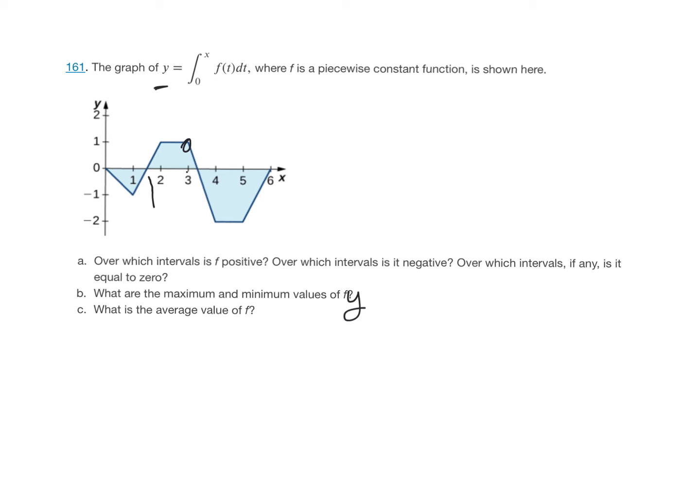We also have to test the critical values, when the derivative was not defined or when it was equal to 0. So fortunately, this function, this f function, is defined every place. Now, the derivative of it isn't defined every place, but certainly the function is defined. So the two endpoints, 0 and 6, and then we also have those two critical values.